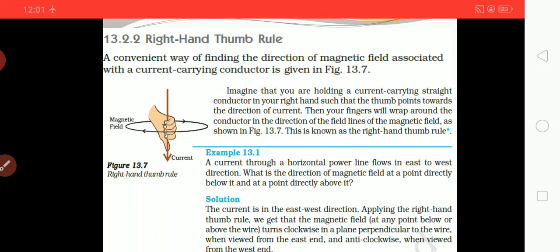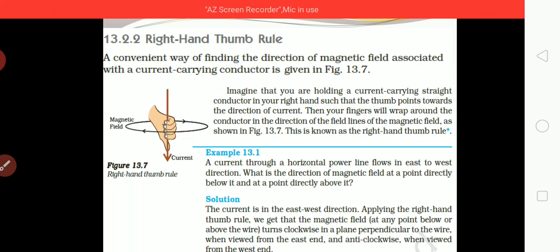Once again I am repeating what we are saying. We are observing a current, from where? East to west direction. Now applying the right hand thumb rule, we get that the magnetic field turns clockwise in the plane perpendicular to the wire when viewed from the east.